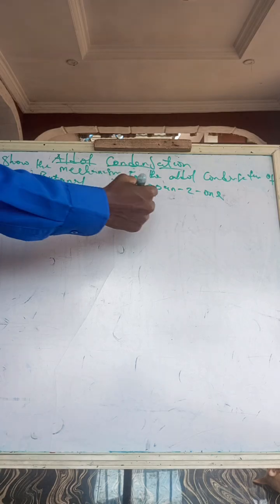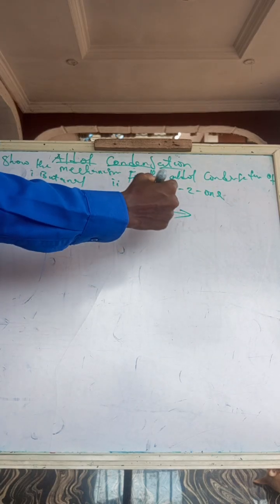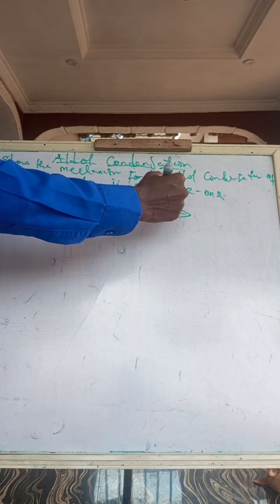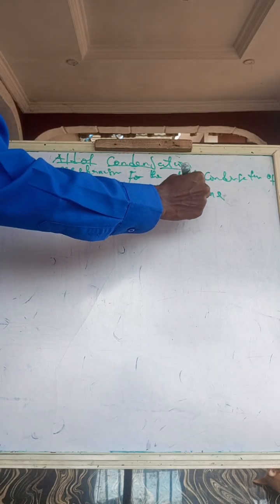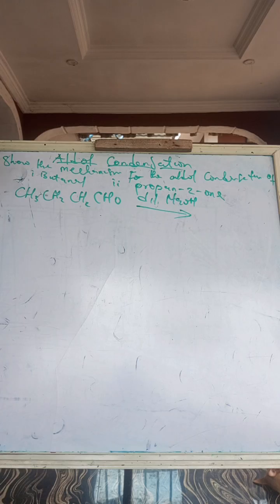To give us this, we make use of our dilute base, sodium hydroxide. The first step here is that for every Aldol condensation, we need to locate the alpha hydrogen. The moment there's a presence of an alpha hydrogen, we form our enolate.